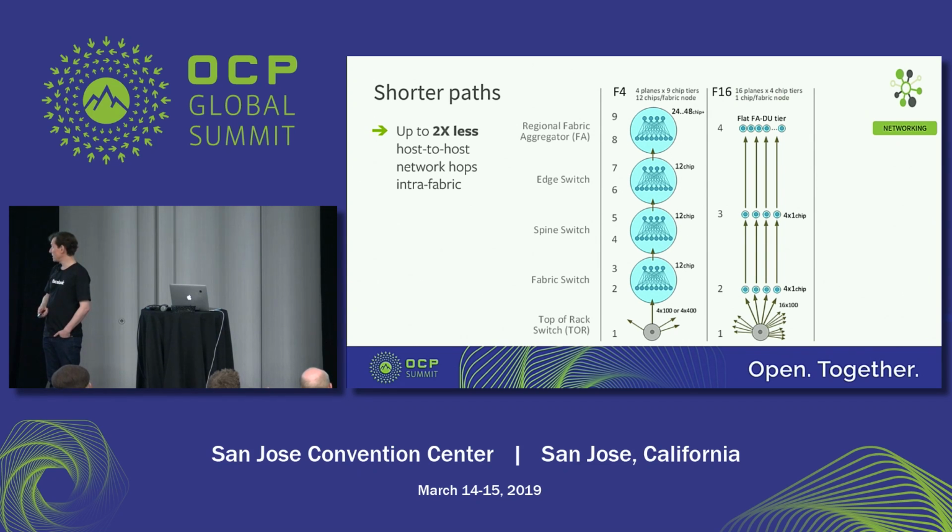What this also means is a decrease in host-to-host hops over the network when the hosts communicate together. For example, in the classic Facebook 4-plane fabric with multi-chip switches, a server in one pod talking to a server in another pod would take up to 12 network hops between the ASICs of the network.